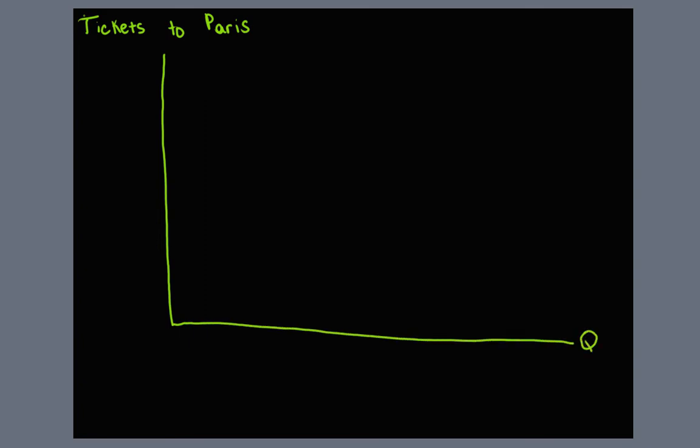I'm going to draw a hypothetical supply curve that increases from left to right, reflecting the fact that my suppliers are profit maximizers. And I'm going to draw a hypothetical demand curve reflecting the fact that my consumers are obeying the law of demand: when the price of tickets to Paris decreases, they're going to demand more tickets.